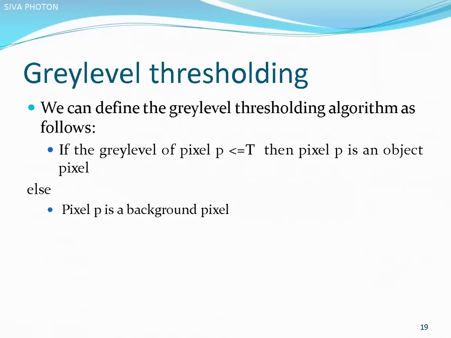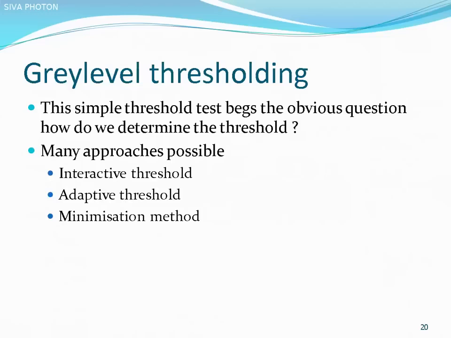Earlier I said the pixel value ranges from 0 to 256, so consider I set capital T as 200. We check whether the pixel value is less than the threshold value, and then it is considered an object. In this way, we find the threshold based segmentation.